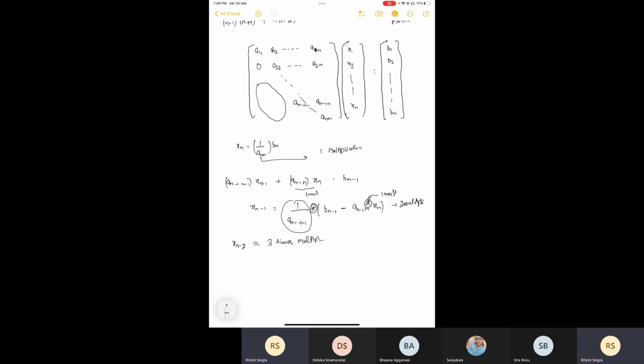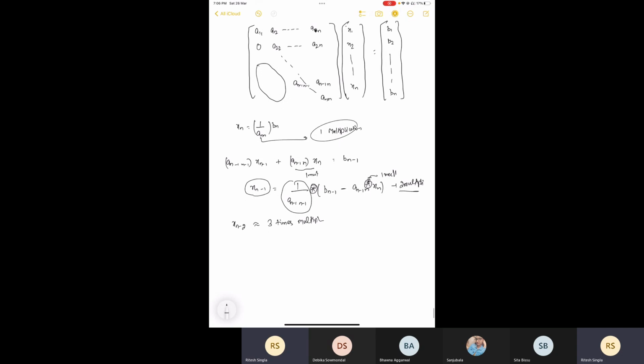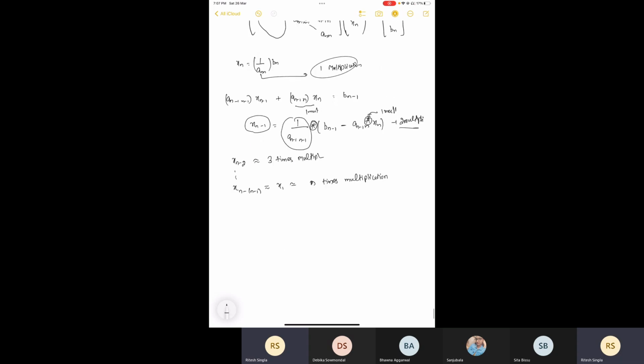Is it making sense? For xn, we are using 1 time multiplication operator. For x of n minus 1, we are using 2 times multiplication operator. For x of n minus 2, we will use 3 times multiplication operator, right? And similarly, for x1, we will need n times multiplication operator, right? So if we sum it up, how many times have we used it?